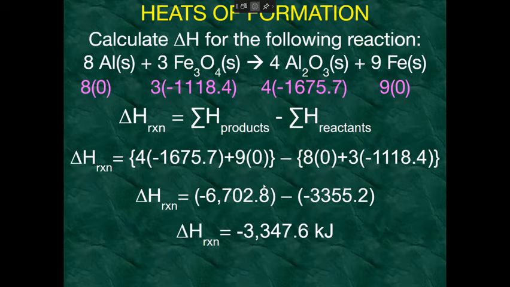It's exothermic. So remember that first day when we were first doing these reactions on the board? If it was exothermic, we put the energy on the product side. If it was endothermic, we put the energy on the reactant side. So exothermic reactions have negative enthalpy, or heat is one of the products.